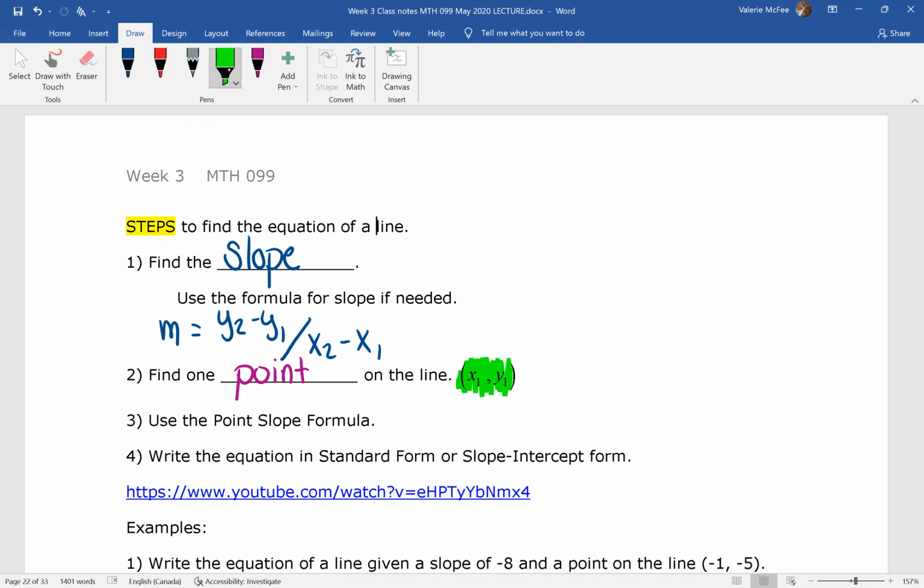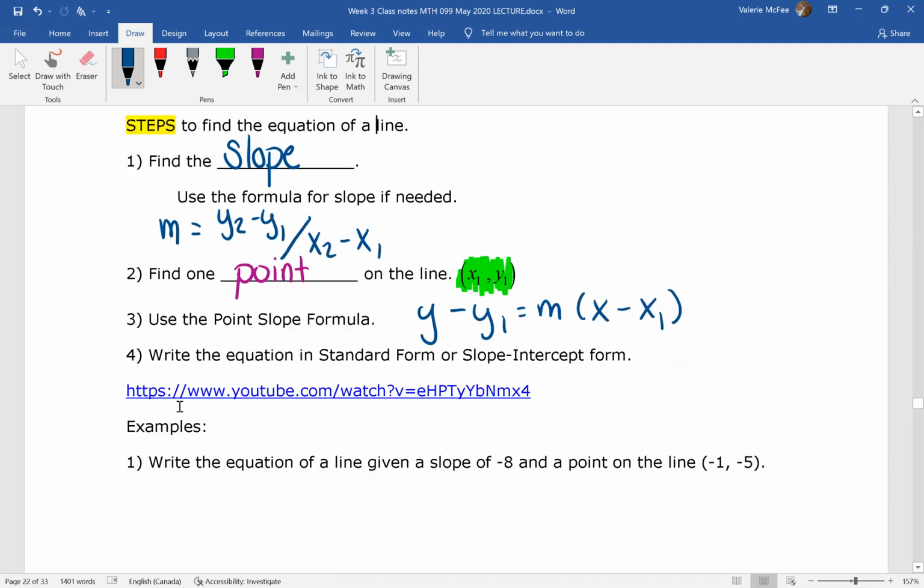We're going to label it x1, y1. Next, we need the point slope formula. Do you remember the formula? Can you write it down without looking back? Pause your video and give it a try. And then you need to write your equation in standard form or slope-intercept form, whatever's being asked for.